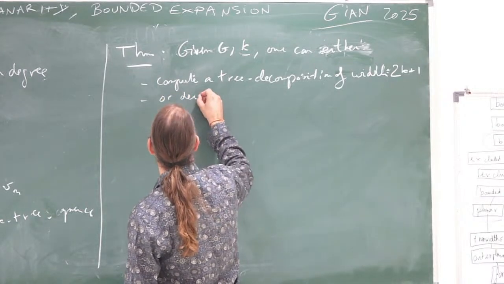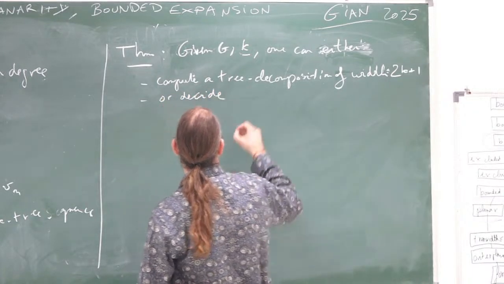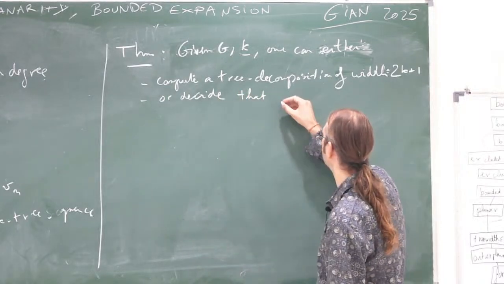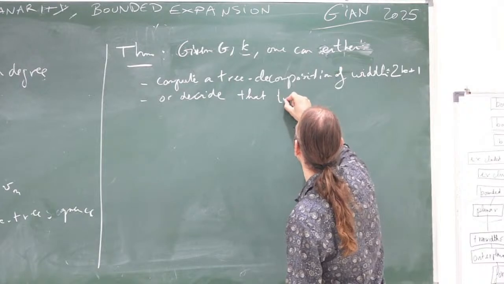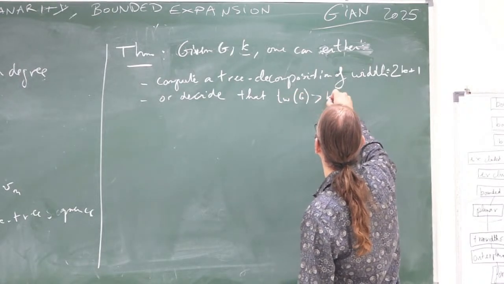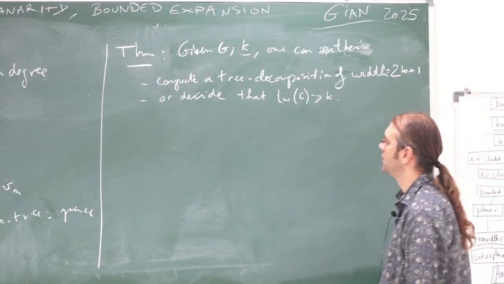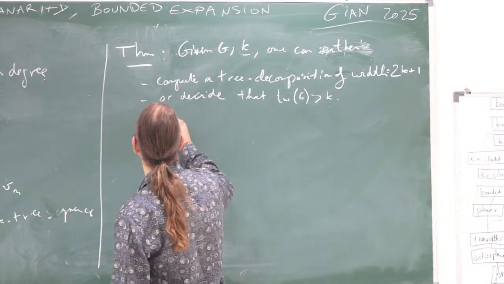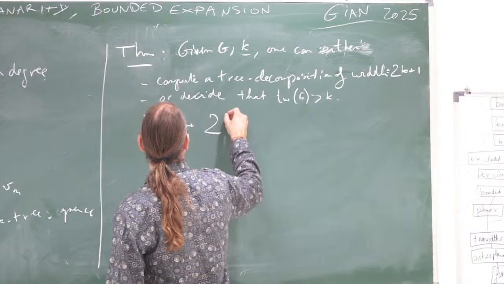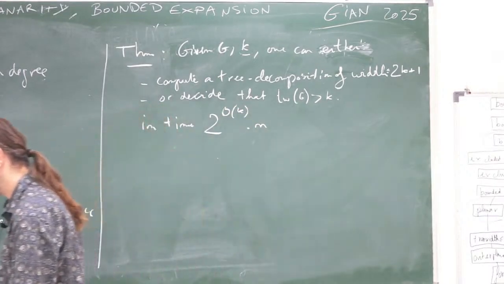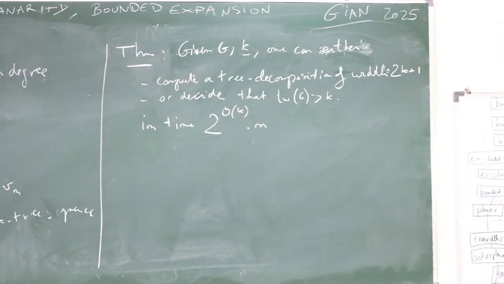Or decide, or you can certify, you can find an obstruction to show that the tree width is too large. Or the algorithm finds an obstruction which proves that the tree width is large. And this can be done in time exponential in k, but linear in n.